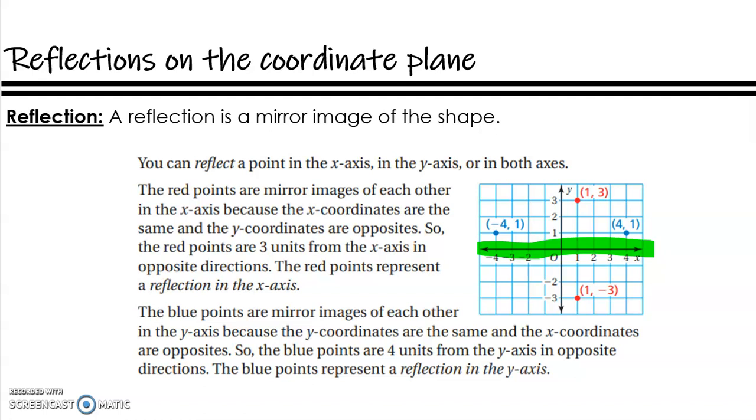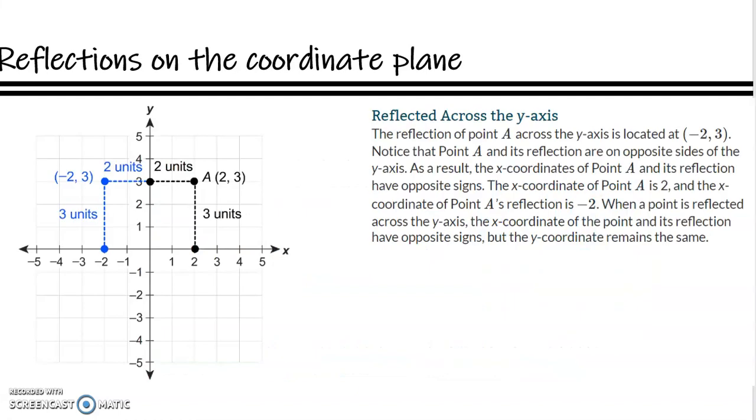The blue points are mirror images of each other, but they're reflected across the y-axis. One is to the left of y, and one is to the right of y. This time, because they're over the y-axis, their y values are the same, but their x values are the opposite. So let's take a closer look.